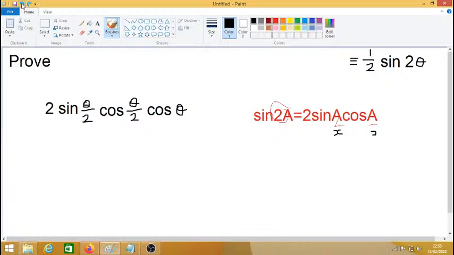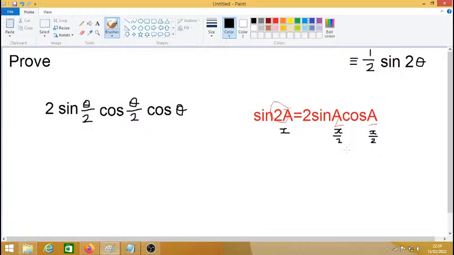If I had y and y, then I would have 2y on the left. And the trick to realize is that it works with any angle. We could even make that angle, instead of x or y, x over 2 and x over 2. And then on the left, we would have double of that, so that's just x.